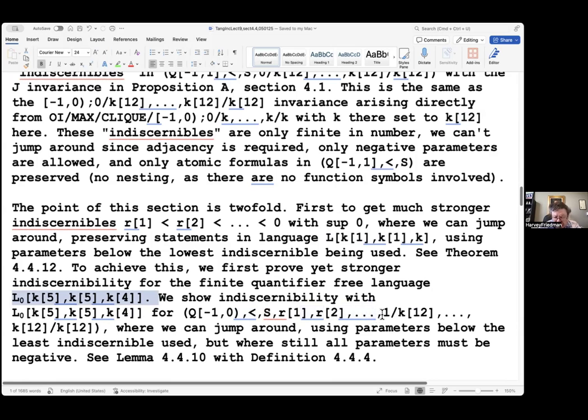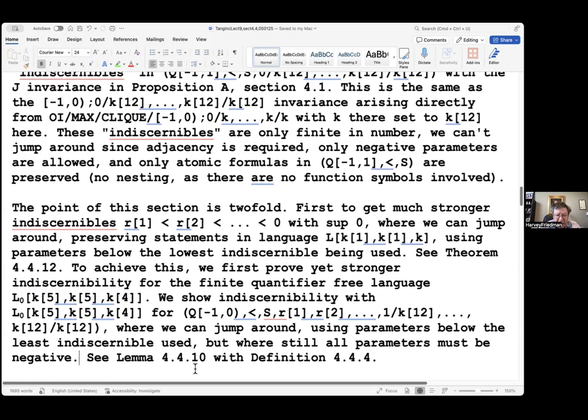This is a technical thing. It's very convenient not to have it, but it doesn't make any difference. You could shift it. It's really the same. So this is an infinite sequence followed by a finite sequence, where we can jump around using parameters below the least indiscernible used, where still all parameters must be negative. So it's important that all parameters be negative in all of these things. There's a reason for that.